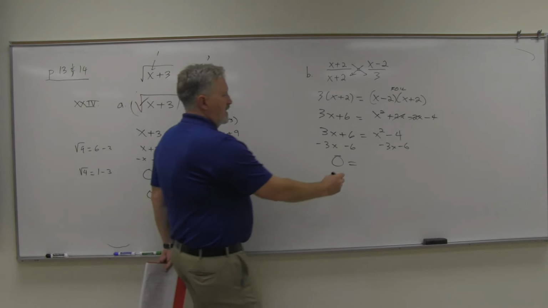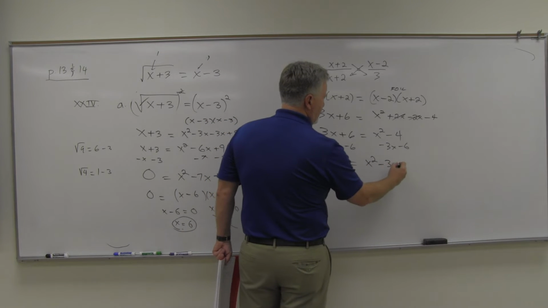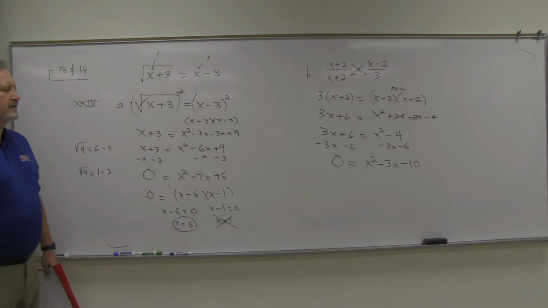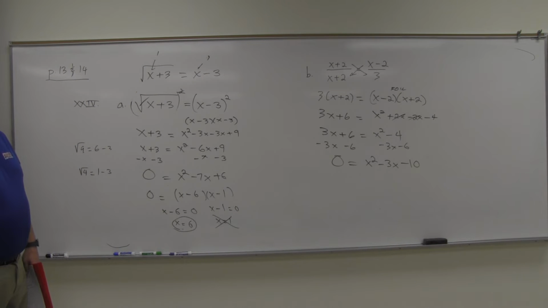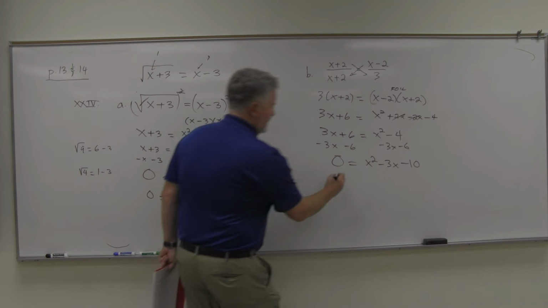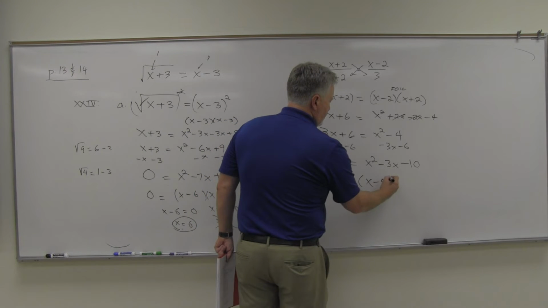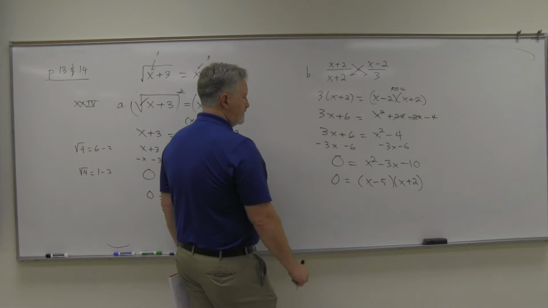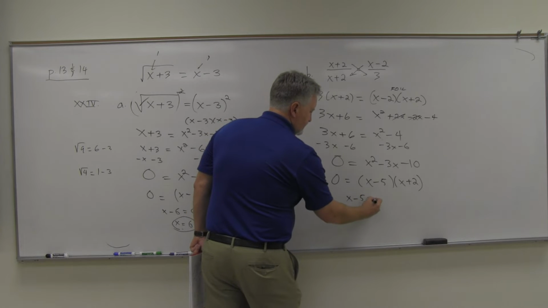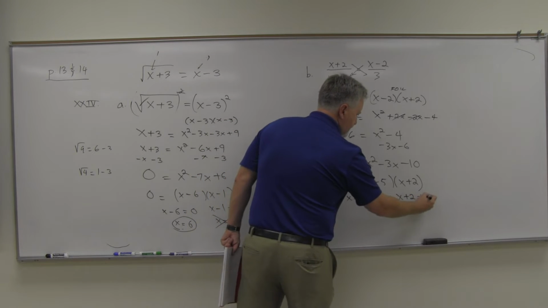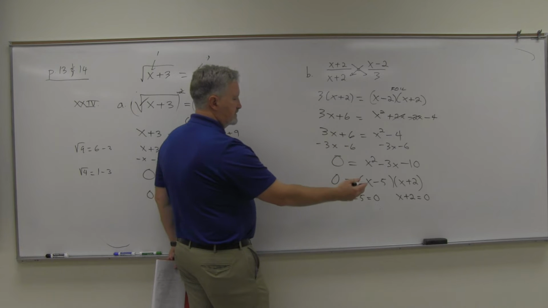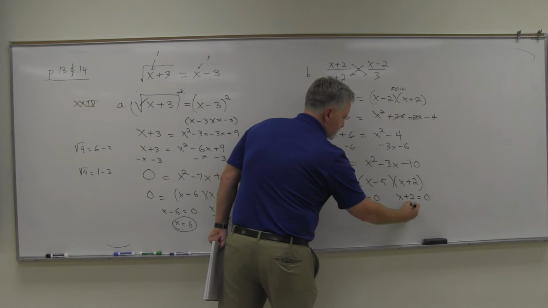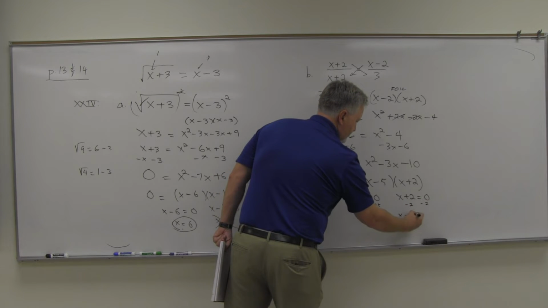That'll give me x squared minus 3x minus 10, which factors as x minus 5 times x plus 2, which gives us two equations. x minus 5 equals 0, x plus 2 equals 0. So we add the 5, get x is 5, and then subtract 2, get x is negative 2.